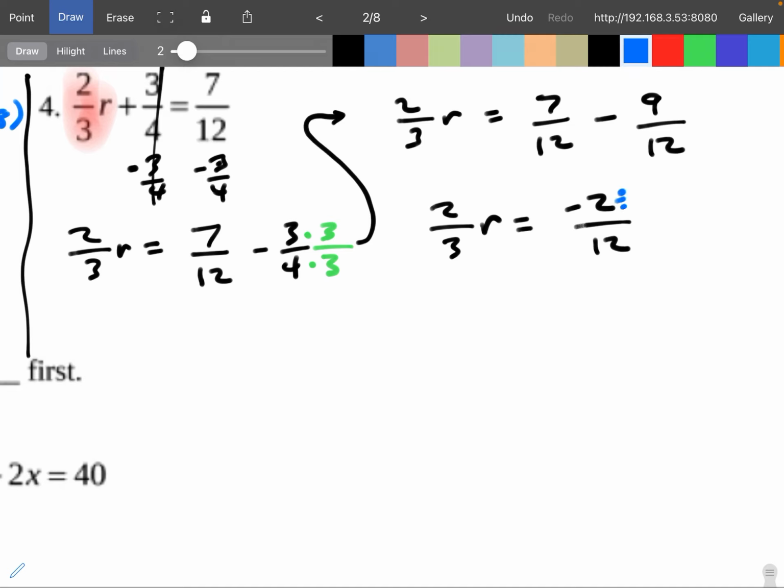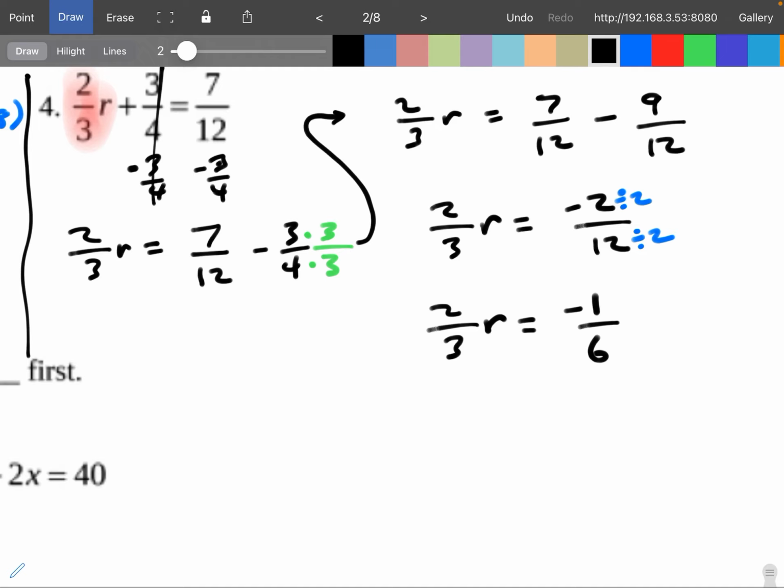That'll make it a little easier. So I am going to divide both of these by 2. So now, this is taking a while. Now I have 2/3 r equals, I got -2 divided by 2. That's -1. And in the denominator, I got 12 divided by 2. That would be 6.